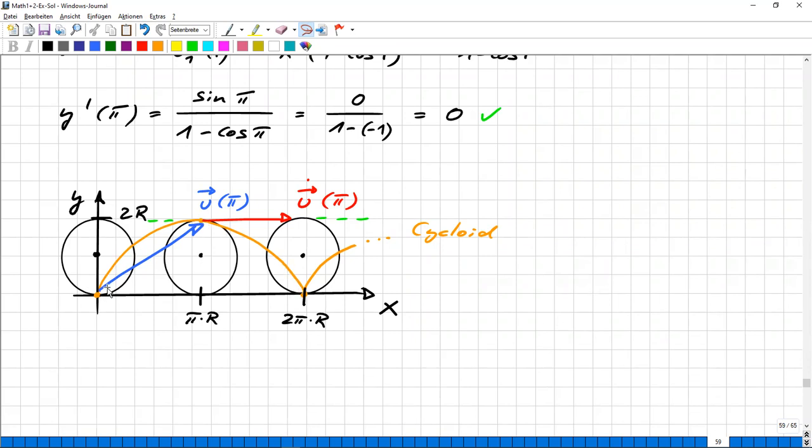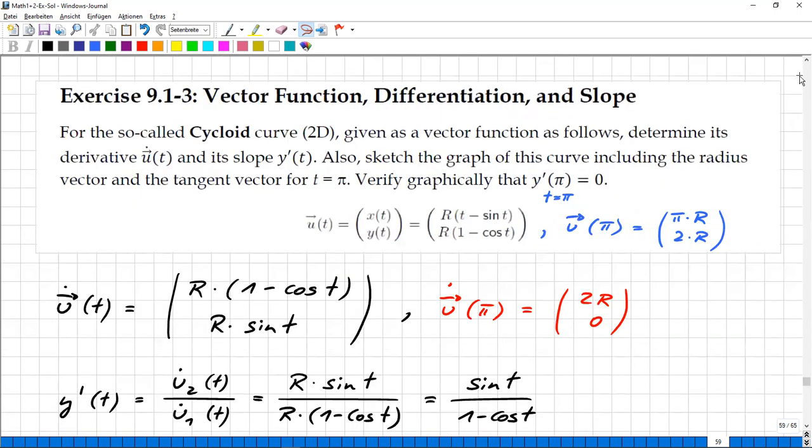But the exact form of this curve is something for the algebraic part. It turns out that it's very well described by this radius vector function. You see that the auxiliary radius is also put in here, and it's a certain combination of sine and cosine, as expected. It's important to know that the x-coordinate has a linear contribution of t, due to the movement of the auxiliary circle to the right, and the vertical component also has a constant of 1 here. We can check it.